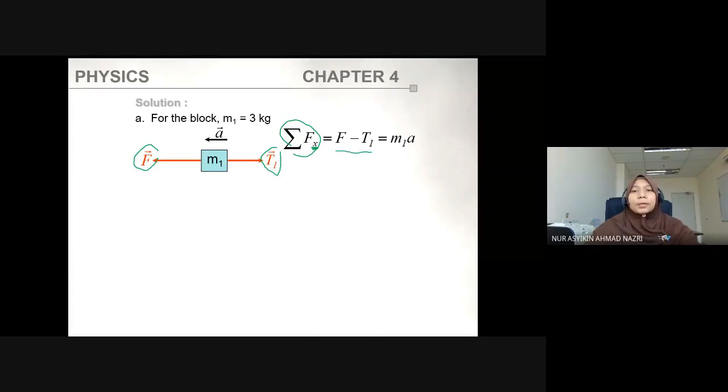But here, ada lagi satu mazhab. It will use the force in the same direction as the acceleration, we take it as positive. Tapi saya tak prefer you untuk guna yang tu, saya tak nak awak confuse.